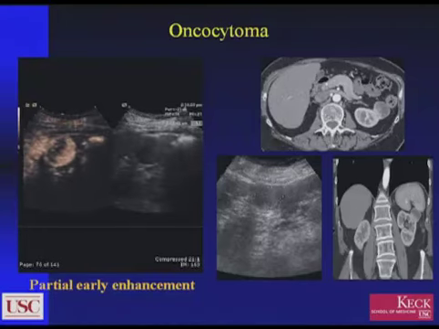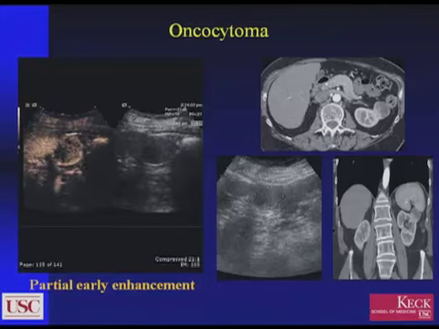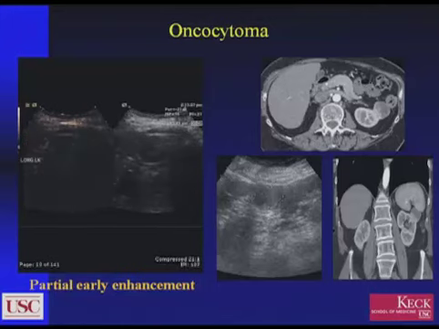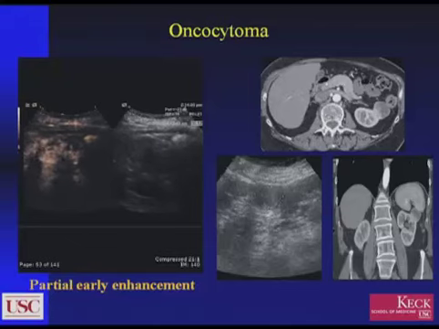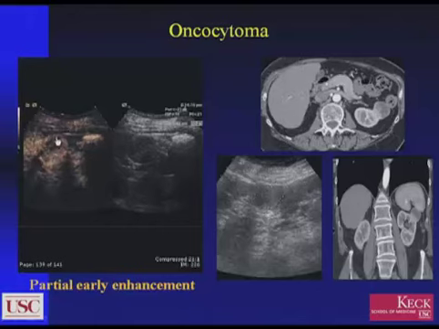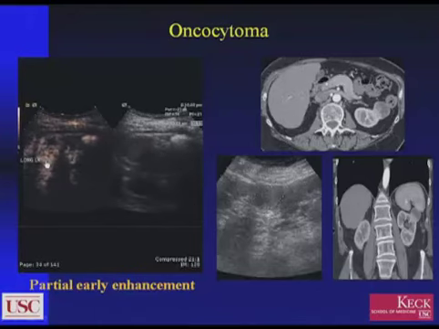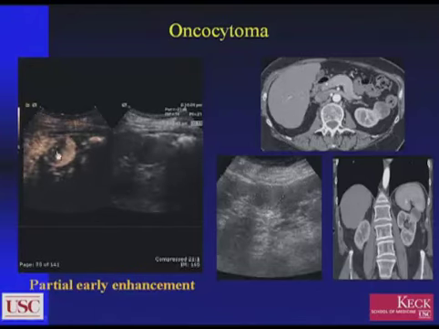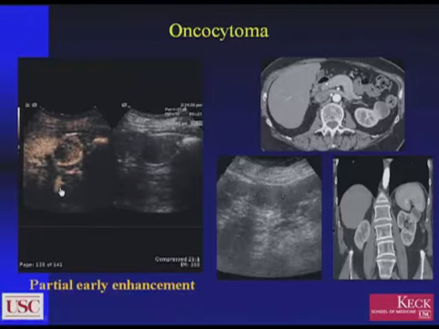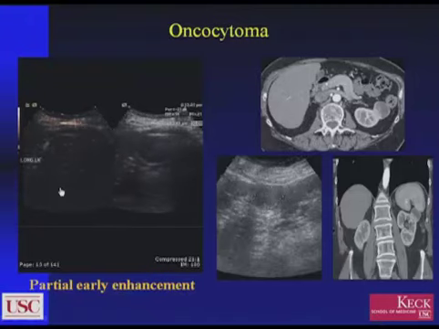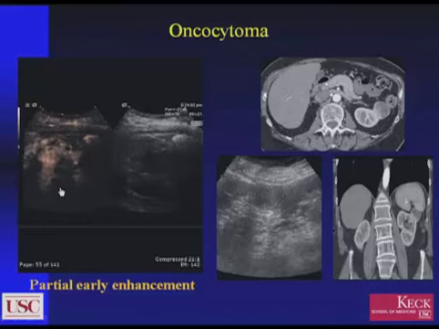Rarely we may see oncocytomas. There is a recent article actually describing the features on contrast of oncocytomas. This is a surgically proven oncocytoma. You can see that it has this kind of blotchy area of central low enhancement.